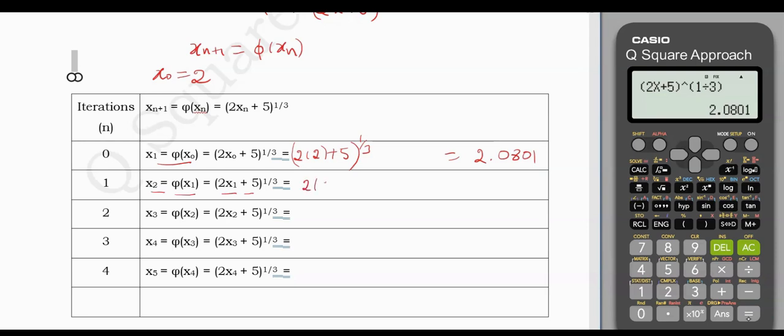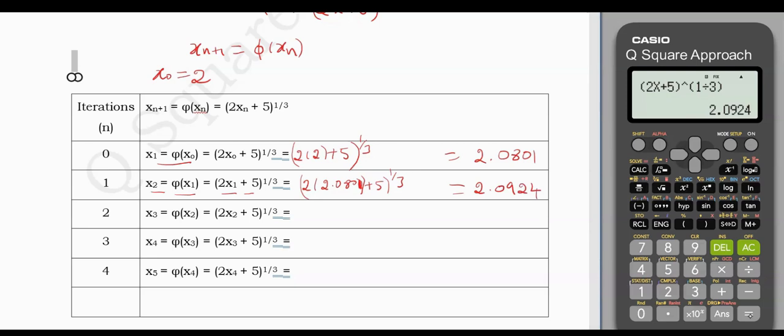So 2 into 2.0801 plus 5 whole power 1 by 3, and from the calculator the x value is 2.0801, that is 2.0924. This is the value of x2.